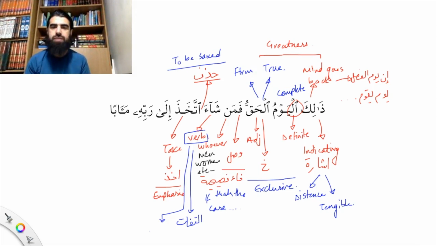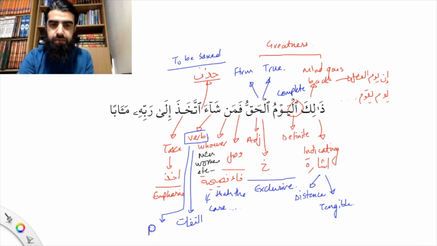In Arabic, you actually say: whoever willed, whoever wanted, they would have taken up with their Lord ma'aban. But that basically means whoever wants, 100% whoever wants. So this is past, which comes for certainty as well.